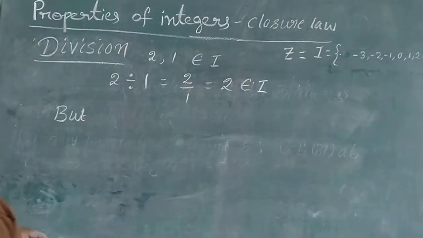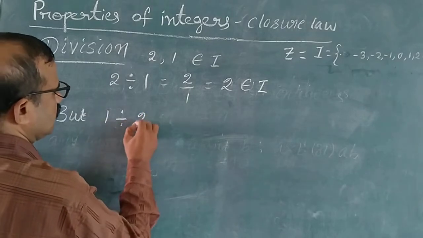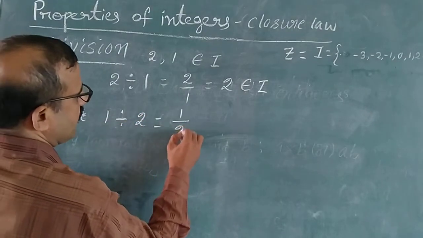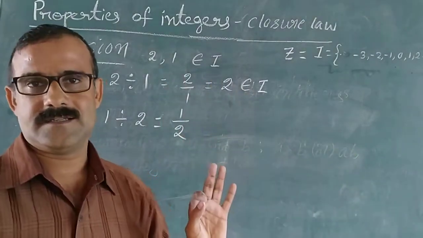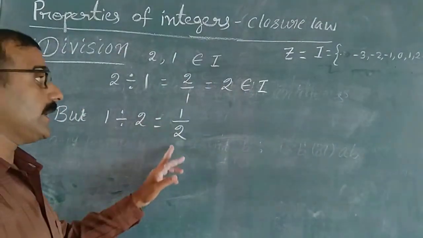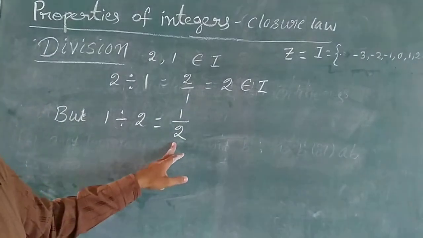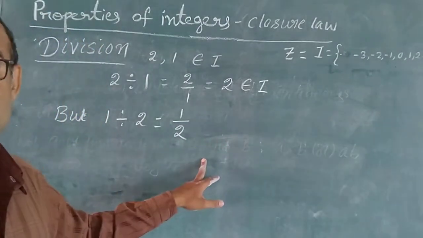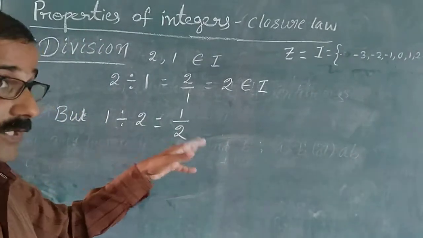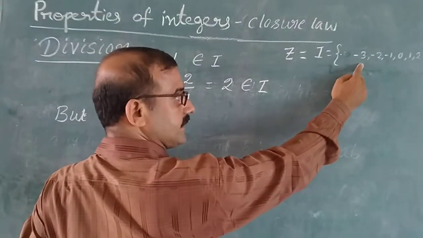But suppose 1 divided by 2 equals 1 by 2. 1 by 2 is not an integer, because it is in the form of numerator by denominator, P by Q form. It is a rational number. Is 1 by 2 there in the set of integers?